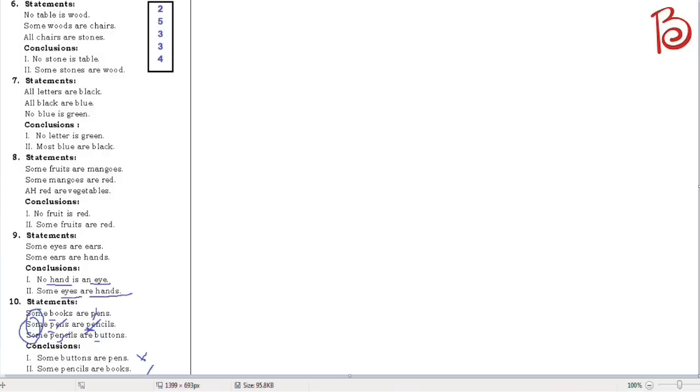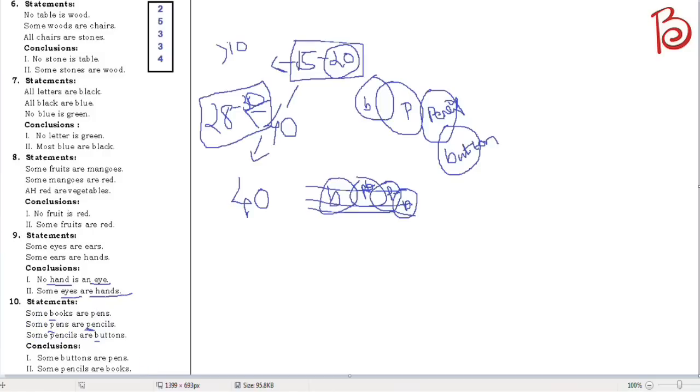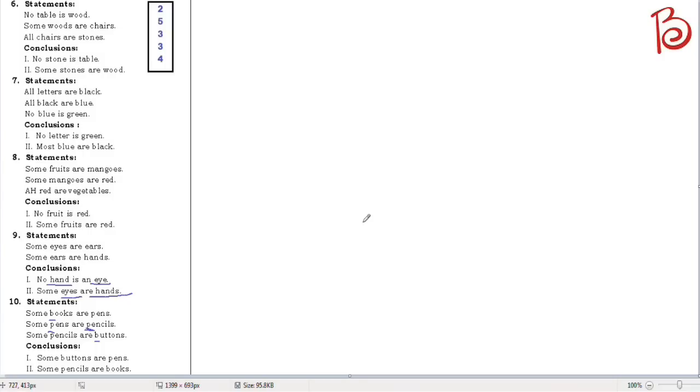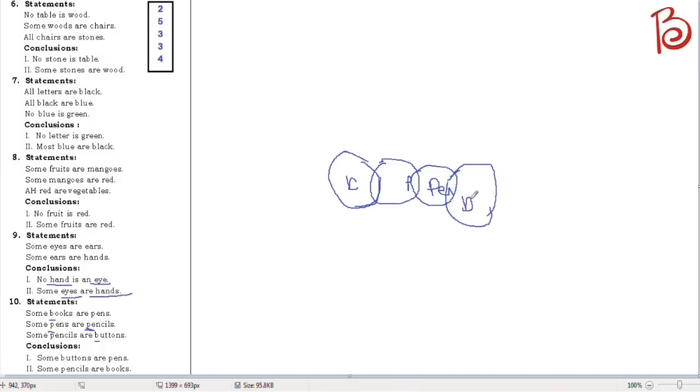When you draw the Venn diagram, you have to use a paper and a pen. Okay, let's go for the solution. The statement is some books are pen and some pens are pencil, and some pencils are buttons.